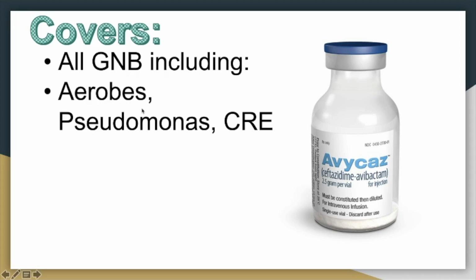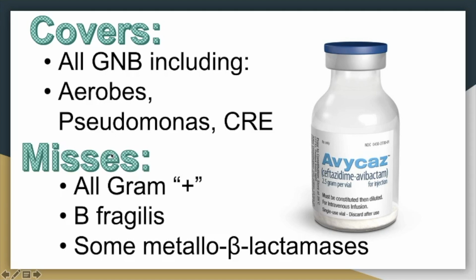It also covers Pseudomonas, but let's see what it misses. It misses all gram-positive bacteria, like nothing. At least you got a little bit of strep with the Zerbaxa, but you don't get anything with the Avycaz. So you have to remember that. Also, it's going to miss anaerobes like Bacteroides fragilis, and it's going to miss some CREs that produce metallobeta-lactamases.